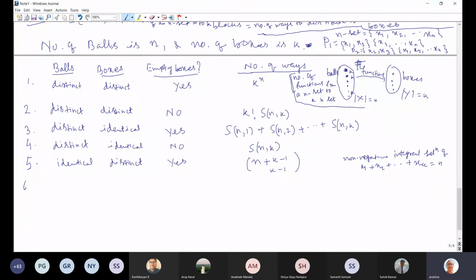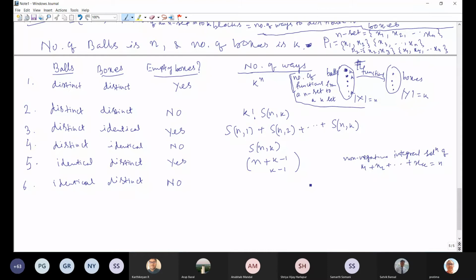Fine. So the 6th one is here identical, distinct, and here no box will remain empty. So what is the answer here?